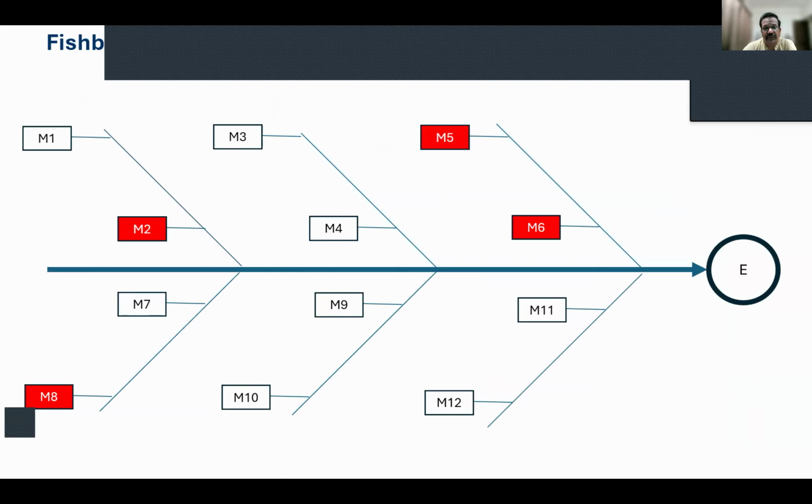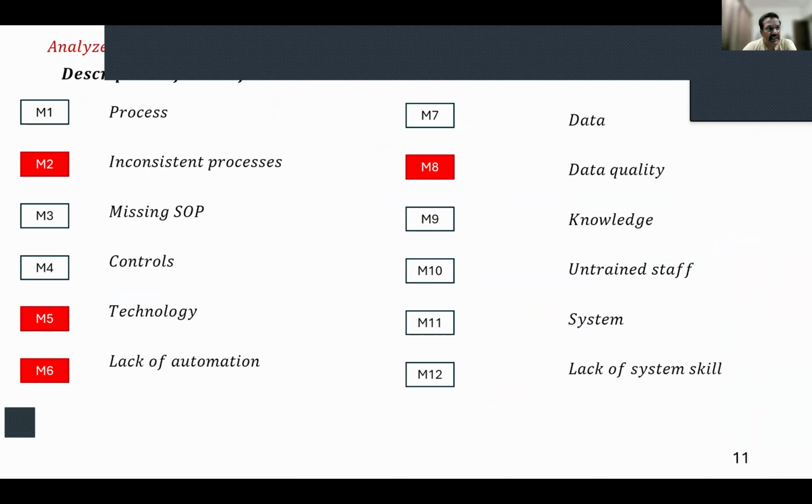We have also used a fishbone diagram for understanding the detailed issues that were there in the reconciliation. What are all the main causes of reconciliation not completed on time, which we consider as inconsistent processes, technology, lack of automation, and data quality issues.